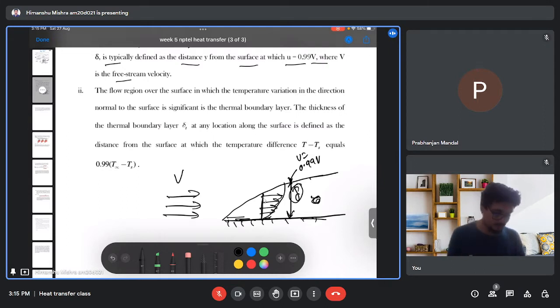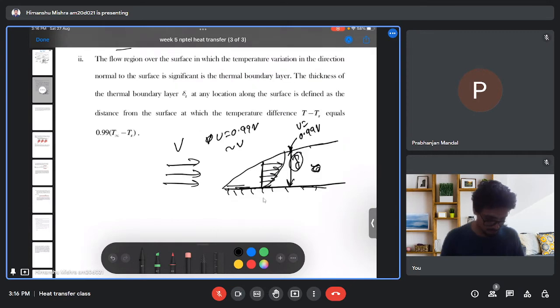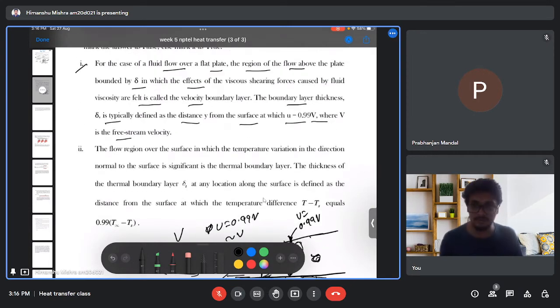As we move away from the flat plate, the velocity keeps increasing, and at one region the velocity will become approximately the free stream velocity, and that region will be used to measure the boundary layer thickness from the wall. So the first statement is correct. There is no issue in the first statement.